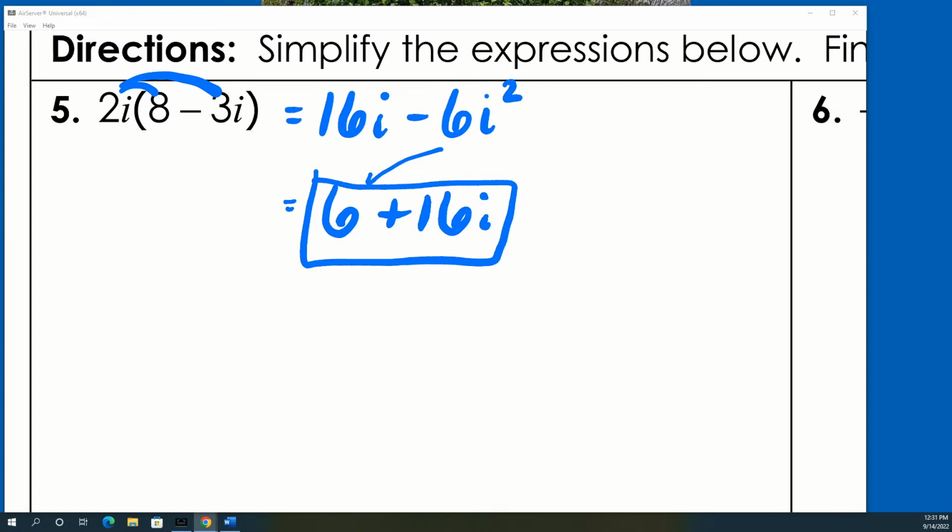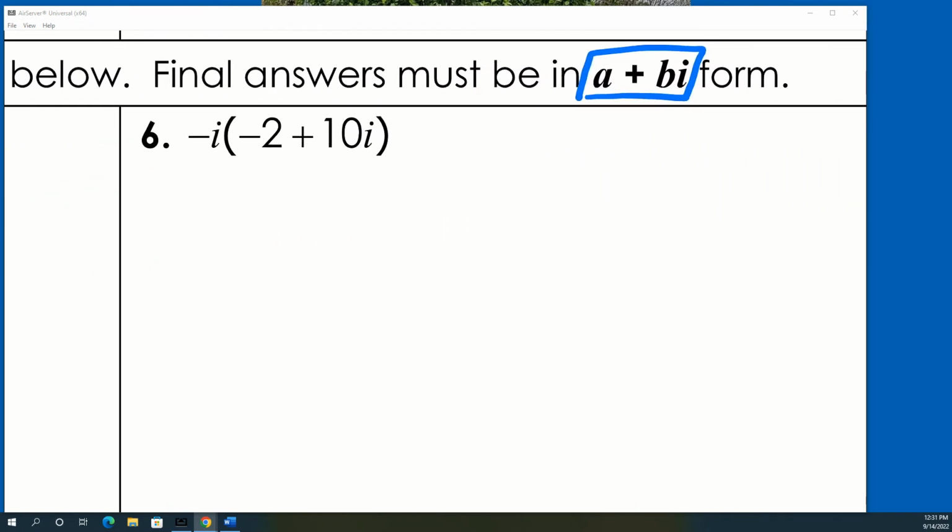Right. Now number 6 is very similar to that one. So we're just going to distribute negative i. So negative i times negative 2 is positive 2i.